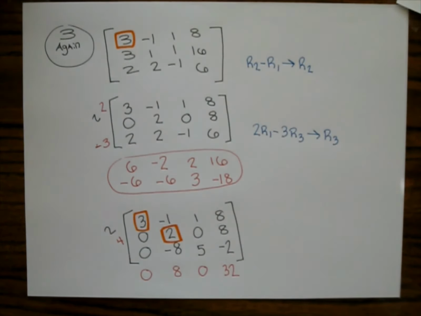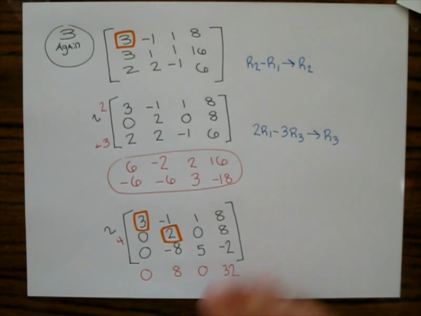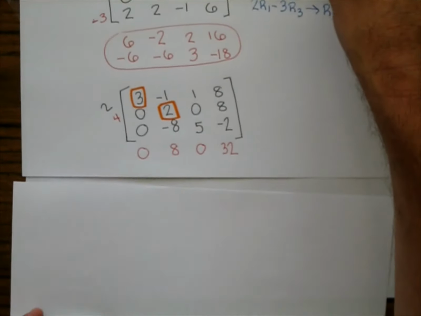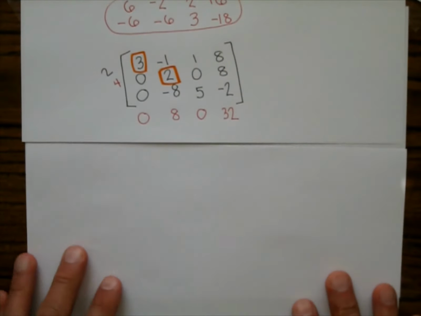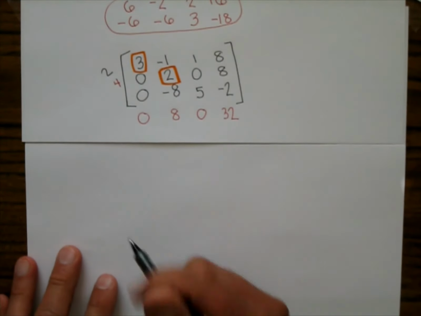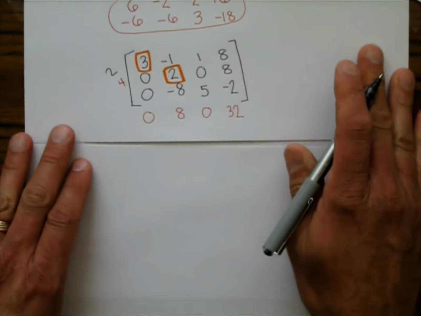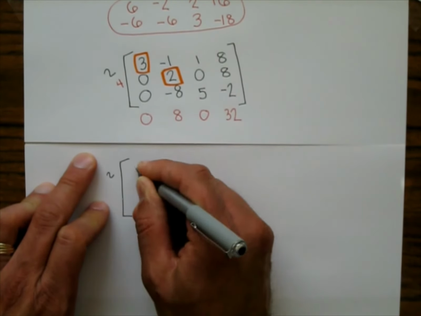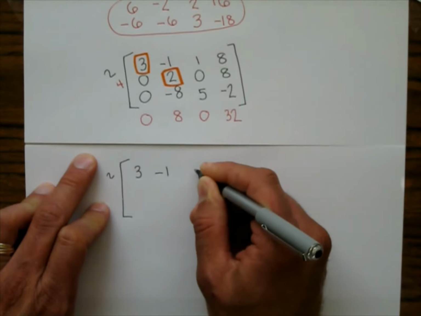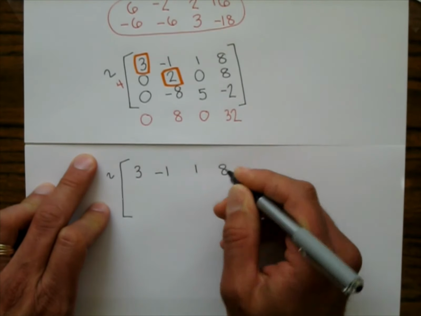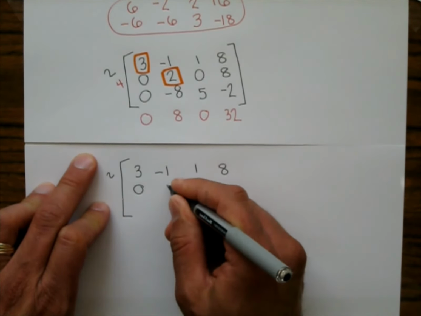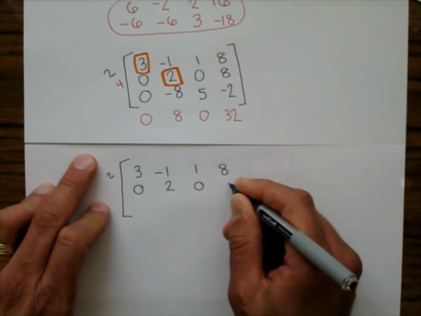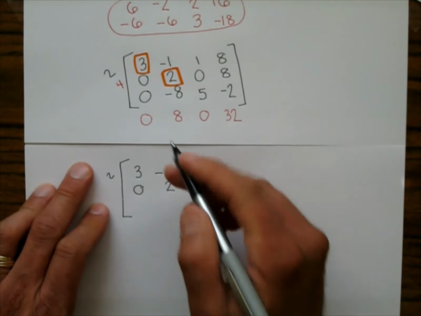So let's go ahead. I think I do need that piece of paper now. Okay, so this is row equivalent to 3, -1, 1, 8, then I have 0, 2, 0, 8, and then I have 0.